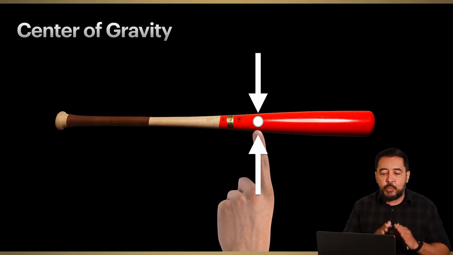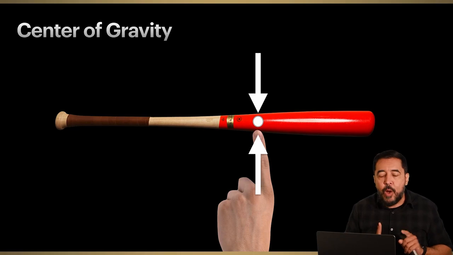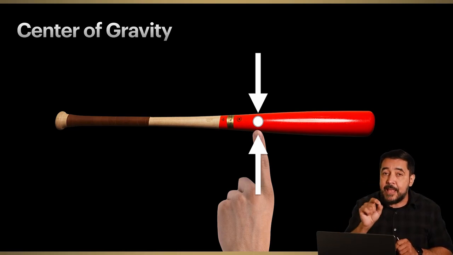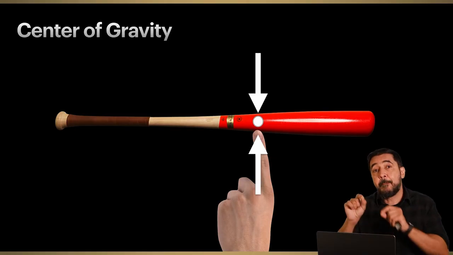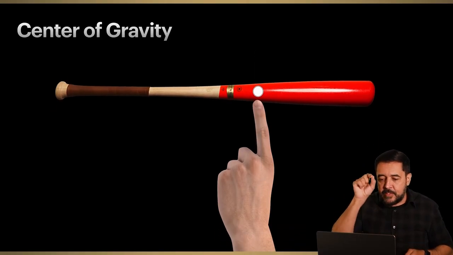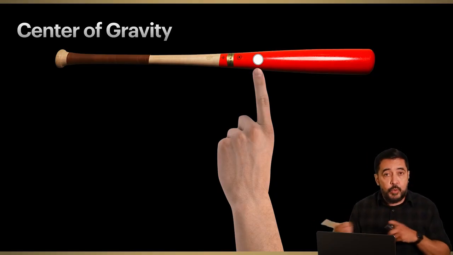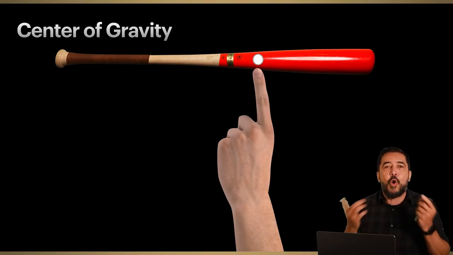A translation will occur in which all points of this body are going to go in the same direction, the same sense, and with the same magnitude. All those points are going up.